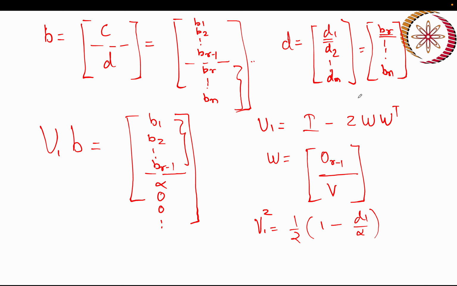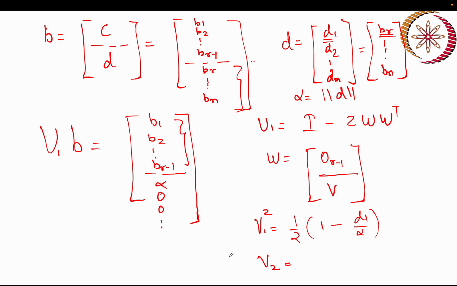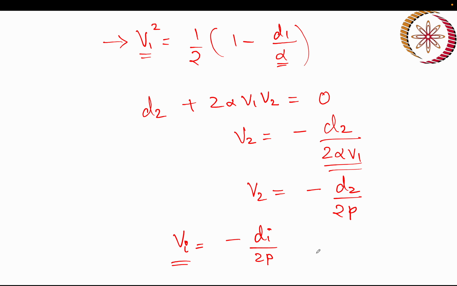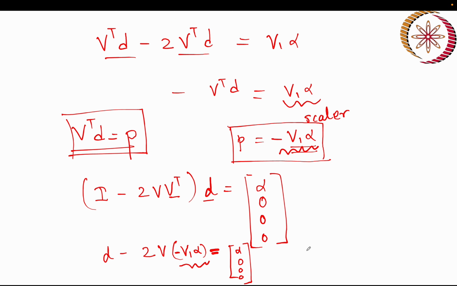Okay, so alpha is nothing but magnitude of d. Okay, so this we can find out. Then v2, or vi, I will write general, vi is equal to minus di by 2p. Now p has come, so p is what? P is v transpose d.